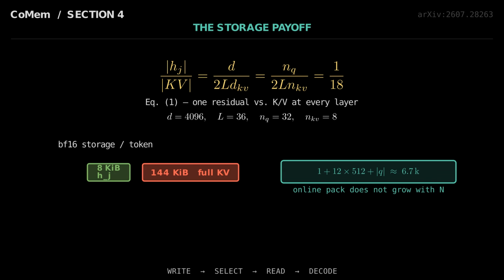With 512 token chunks, the online pack is only about 6.7 thousand tokens, independent of the stored context.